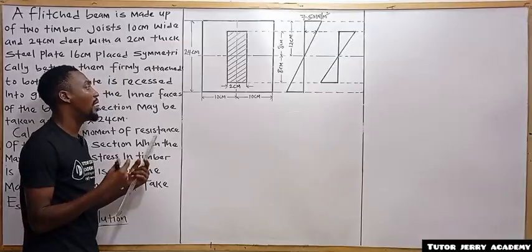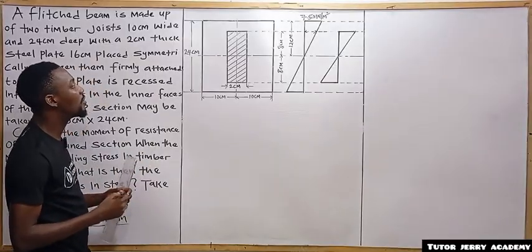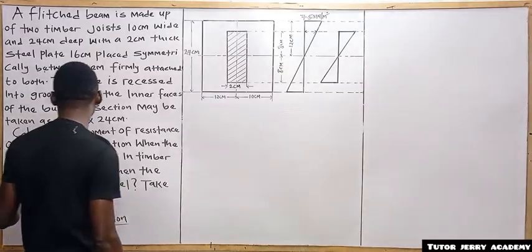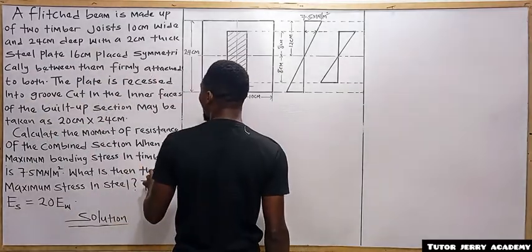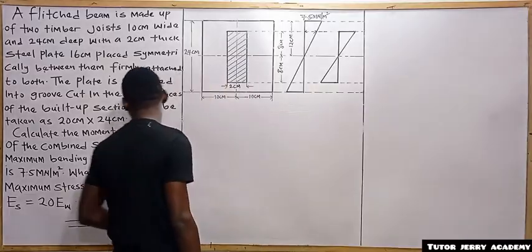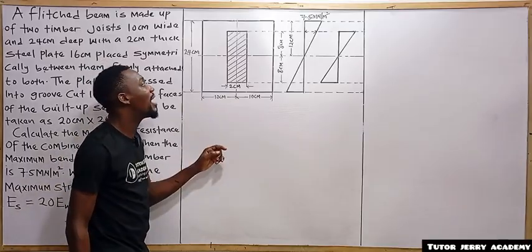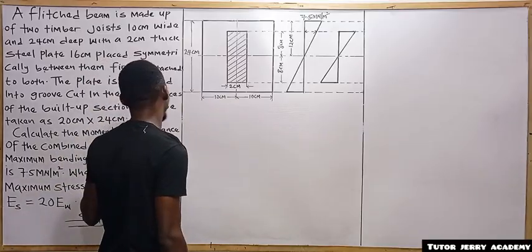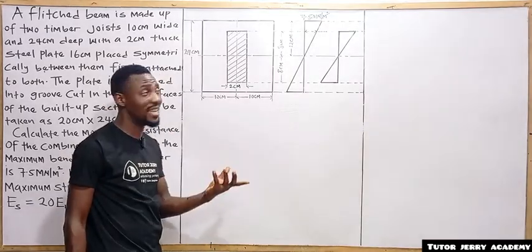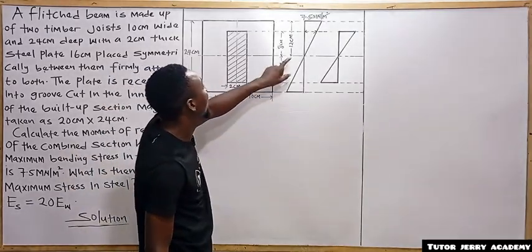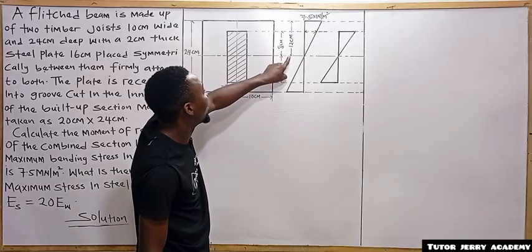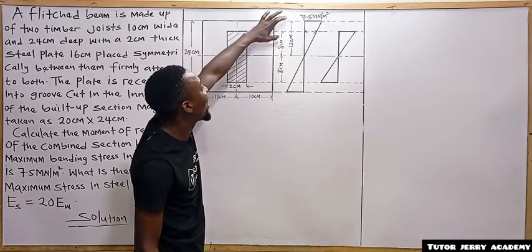All right. So for us to solve this question, the first thing to understand is that the question already told us that the maximum bending stress in the timber is 7.5 meganewton per meter square. And where do we have the maximum stress in the timber? Timber is also wood. Exactly. So it is at 12 centimeter from the neutral axis.